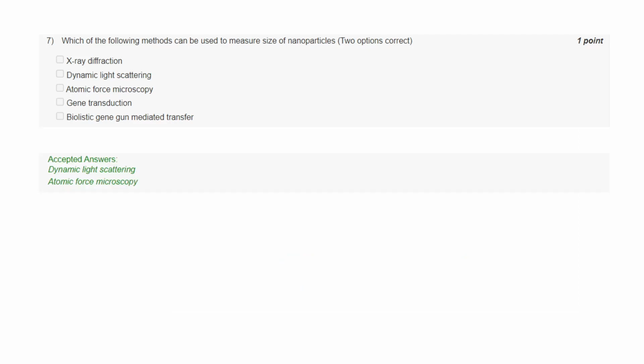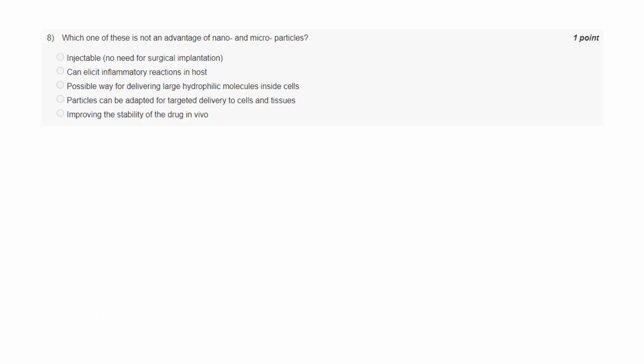Okay, let's look at the next question then. Which one of these is not an advantage of nano and microparticles? They're injectable, can elicit inflammatory reactions in host, possible way for delivering large hydrophilic molecules, particles can be adapted for targeted delivery, improving the stability of the drug in vivo. Any volunteers?